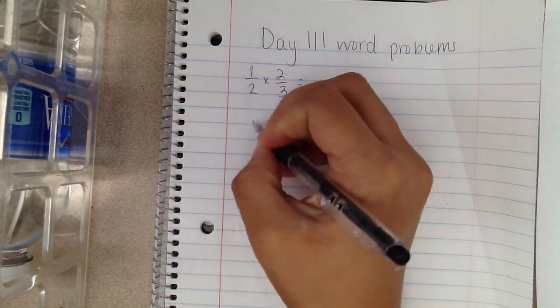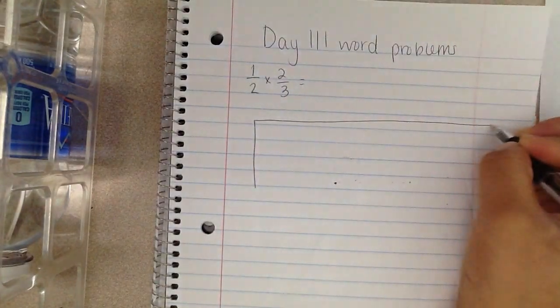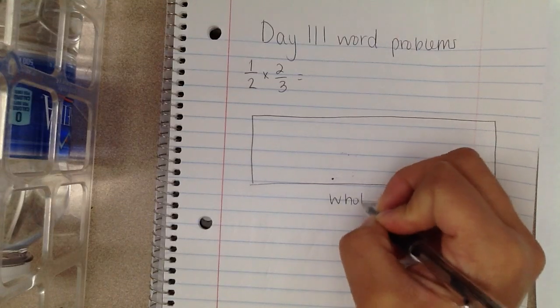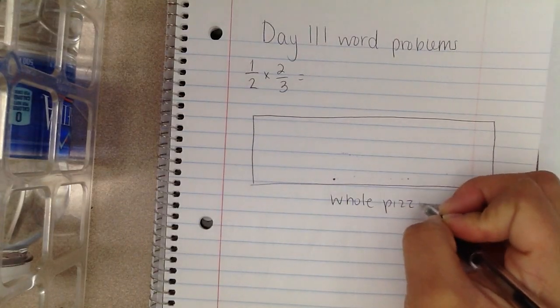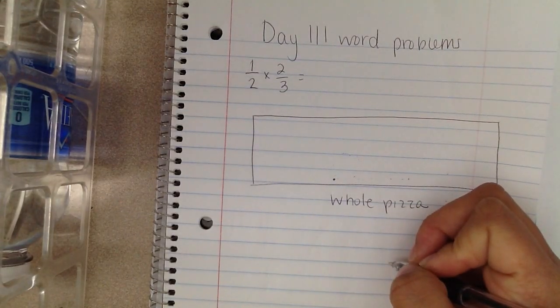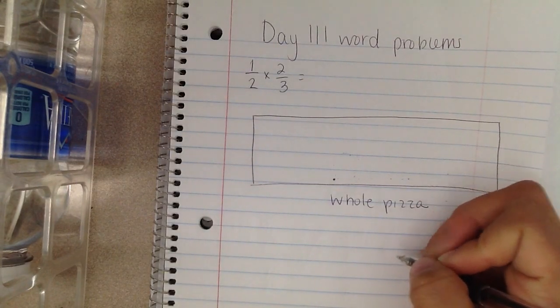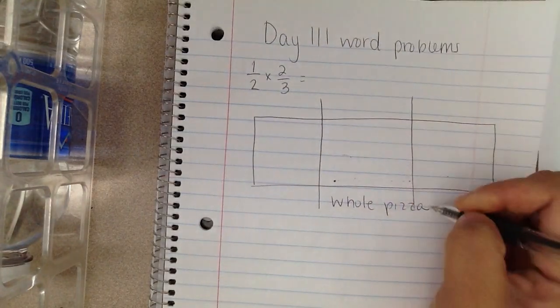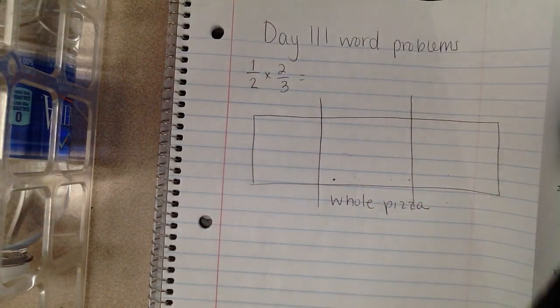So that means here's a picture of if I had the whole pizza. It says that on Monday night he had 2/3 left over. So that means I'm going to split it into thirds and shade in 2 of those thirds.